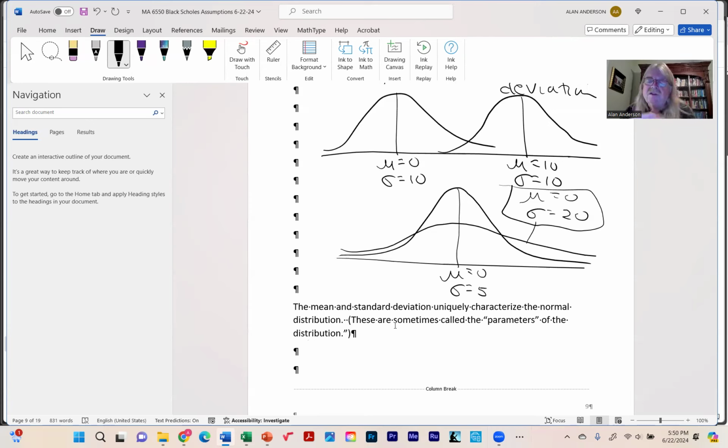If you've had any statistical background, you know that there's many other probability distributions, and each one has its own unique set of parameters, anywhere from one to many. It depends. You might recall the Poisson distribution, for example. It has one parameter called lambda, and there's some very complicated distributions that can have two, three, four, five, any number of these parameters.